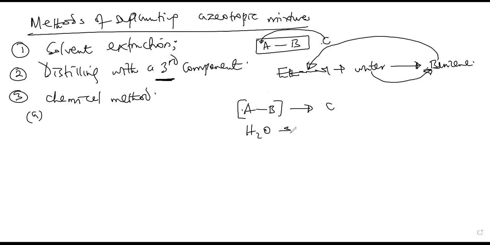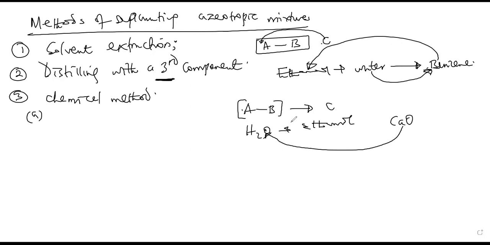For example, with an azeotropic mixture of water and ethanol, I can add calcium oxide, which has a strong affinity for water, so that it combines with water. Then the mixture is filtered. Now, the filtrate can be distilled to obtain 100% pure ethanol.